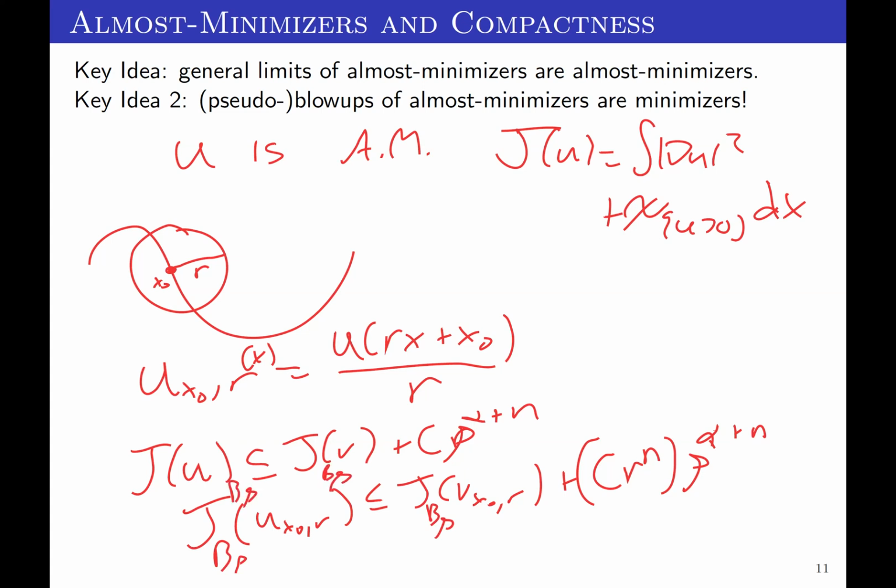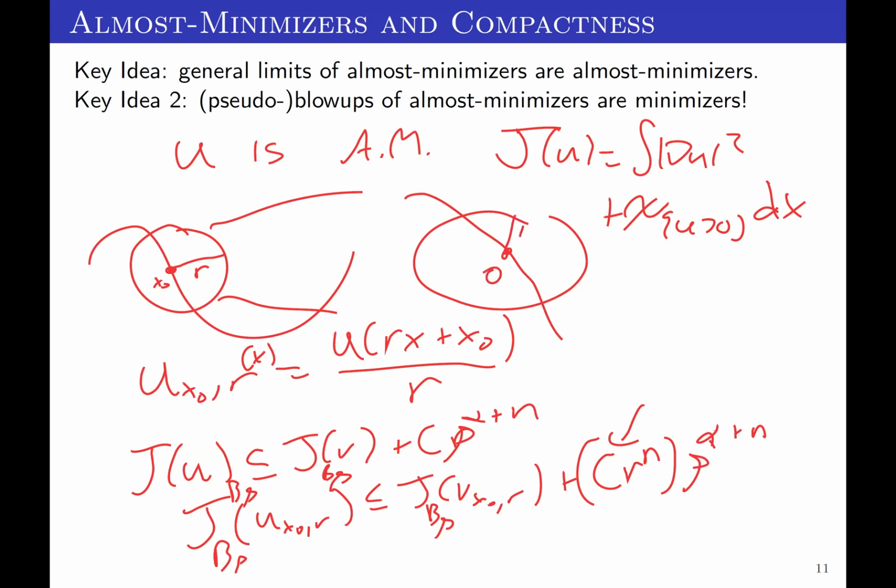So what am I trying to say? I'm trying to say, as you zoom in, you get another almost minimizer, but with a constant C which is going to 0. And what does this zooming in correspond to? Geometrically, you turn this ball centered at x naught with radius r into a ball centered at 0 with radius 1.